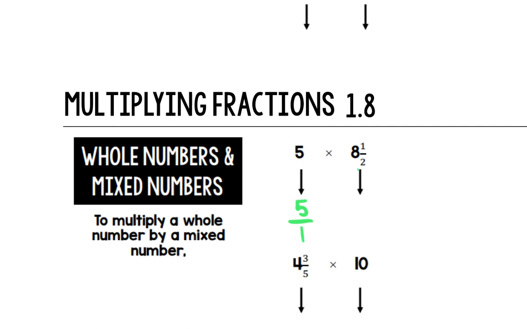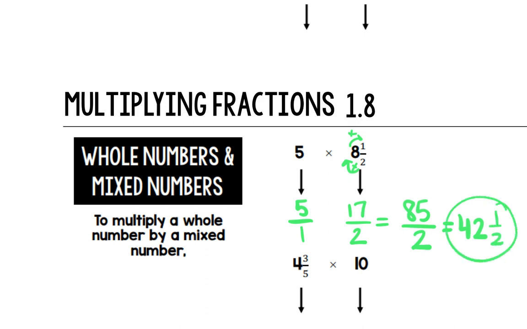Now 8.5, turning it into a fraction. 2 times 8 is 16, plus 1 is 17, so this is 17/2. Nothing we can cross simplify here, so 5 times 17 is 85. 1 times 2 is 2. We can turn that back into a mixed number, and we get 42.5 as our answer here.